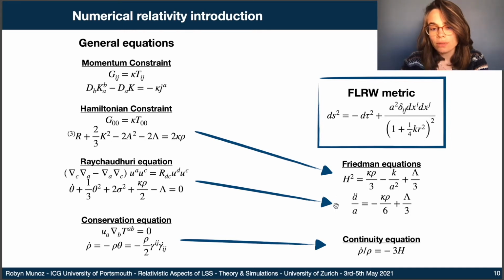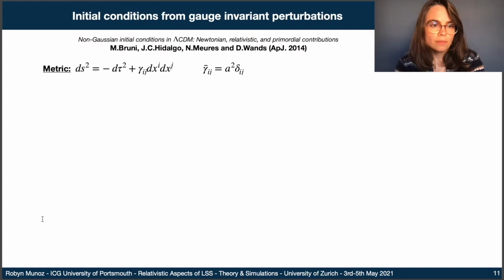The second Friedmann equation is obtained from the Raychaudhuri equation that is retrieved from the Ricci identity. And then the continuity equation is obtained from the conservation equation. And so, should you consider a perturbed FLRW metric, these are the more general equations that you should consider.